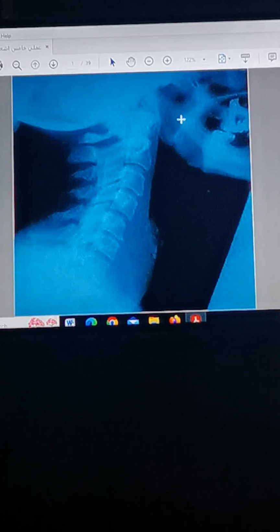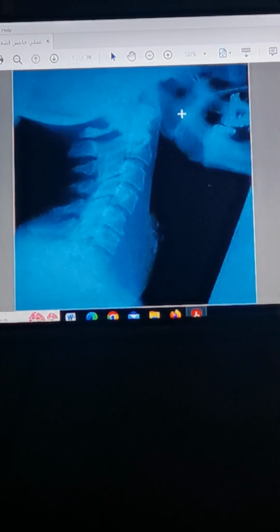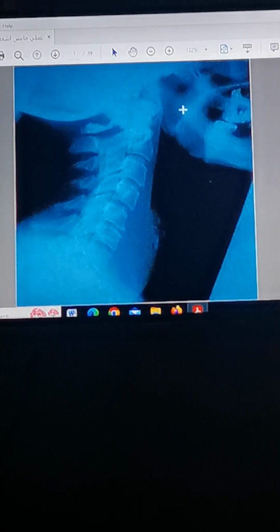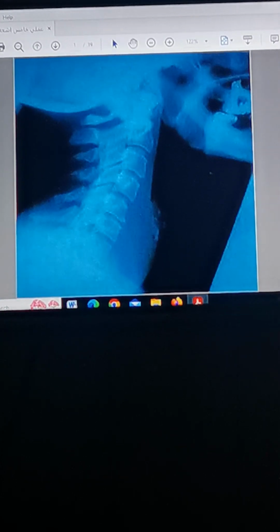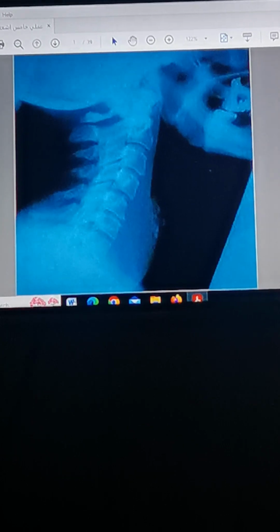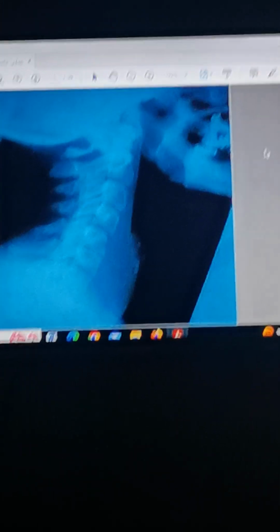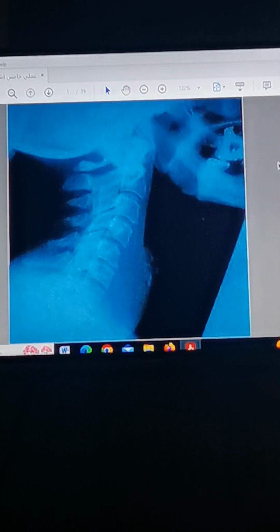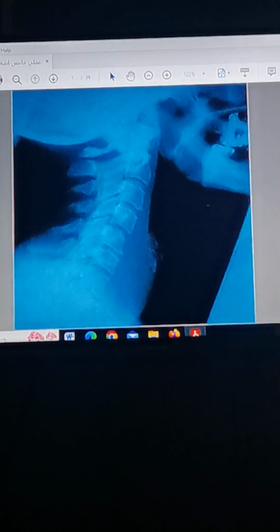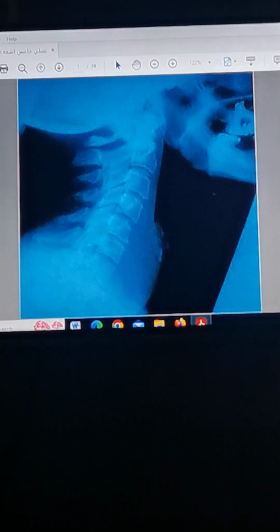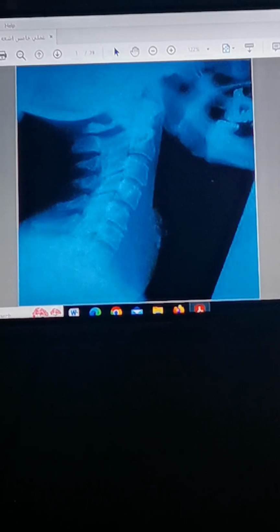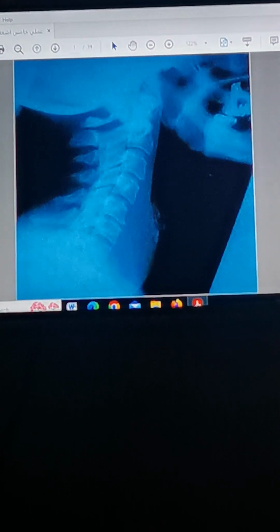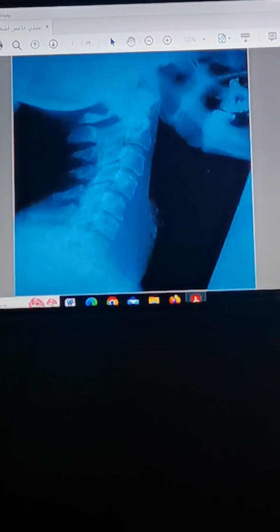It is cheap and not expensive, and you can order and request the film easily. It is available everywhere, and you start diagnosing sometimes before the more sophisticated types of radiological investigations. Definitely they are in the centers, and if you are in the center, you can request such details.